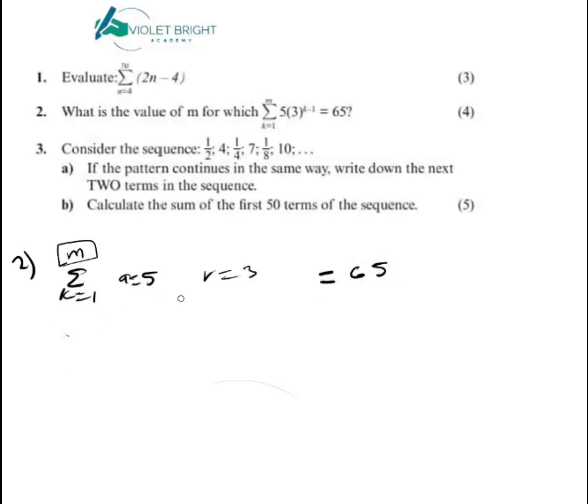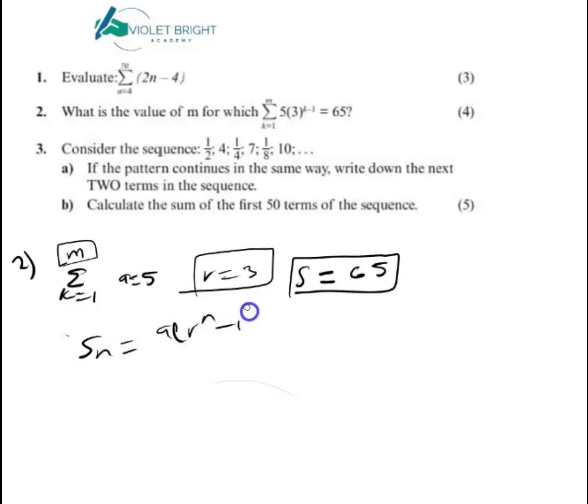So we know whenever we have r and we know the sum, we can find our m by using this equation, with r minus 1. Why? Because if we equate everything here, we're just solving for the sum of the terms. This sum is what we equate to 65.